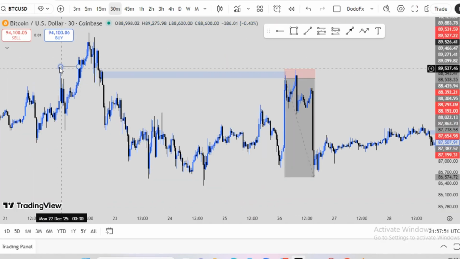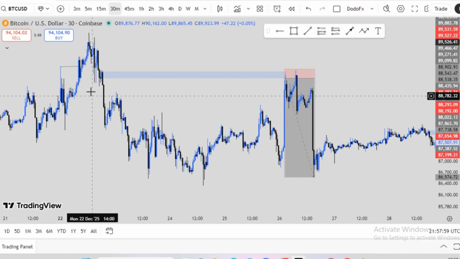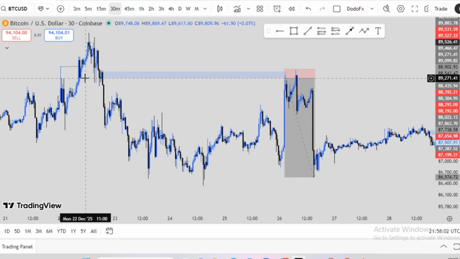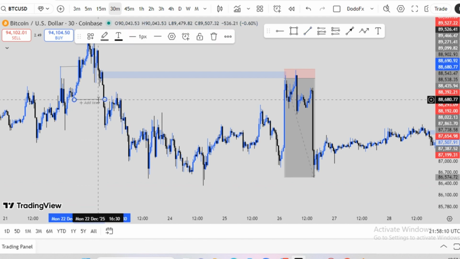So we have this break of structure here, and this is another block for this break of structure, or you can use this zone as a break of structure, right? Before the market goes down, take it out, or you can choose to use this zone here, but I'm using this zone to pick out my break of structure here. Market, not break of structure, pick out my change of character here.